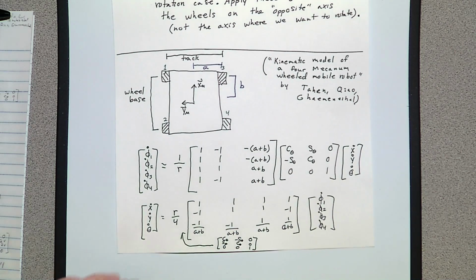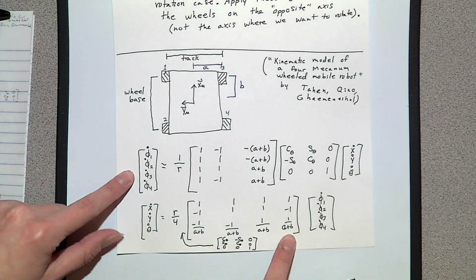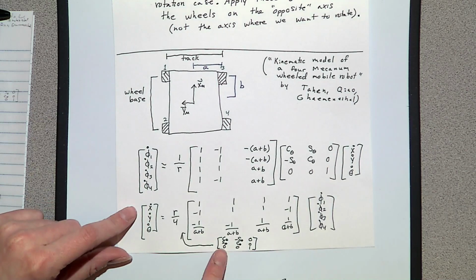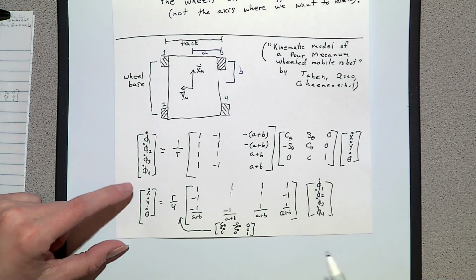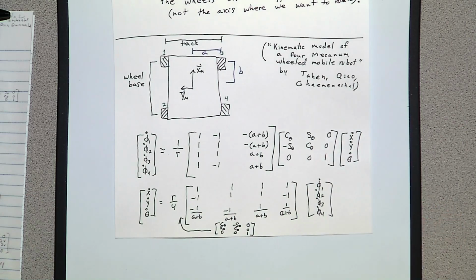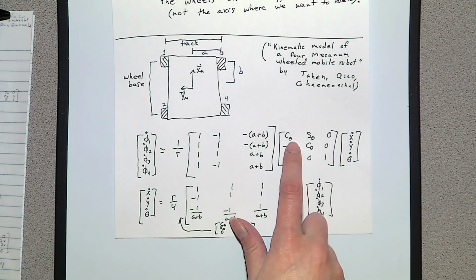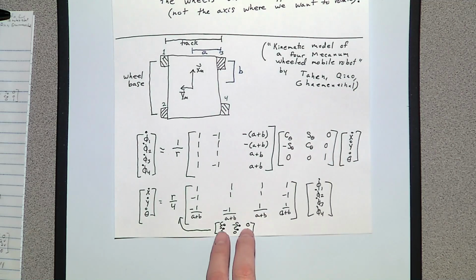All right, so we apply the pseudo inverse, bring this to that side, and then we invert the rotation matrix as well. When we do the inverse of this rotation matrix, basically it's like replacing theta with minus theta, and that's why we get the sign change here in the sine functions.